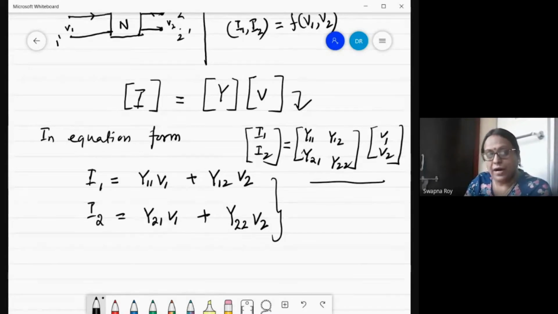If we short the output terminal, that means V2 will be 0. That time I can get the value of Y11 is equal to I1 by V1 and Y21 is equal to I2 by V1, when V2 is equal to 0. V2 is equal to 0 means output port is shorted.